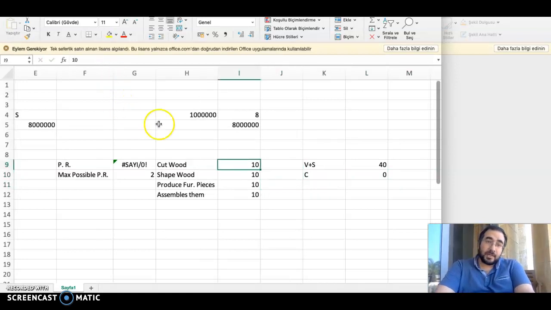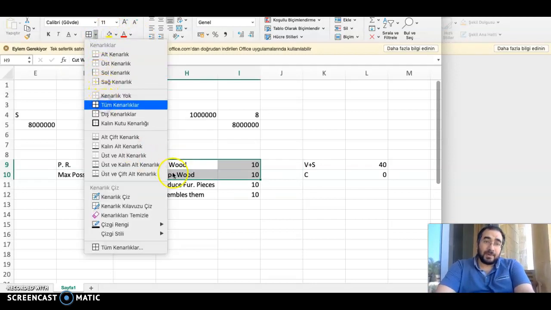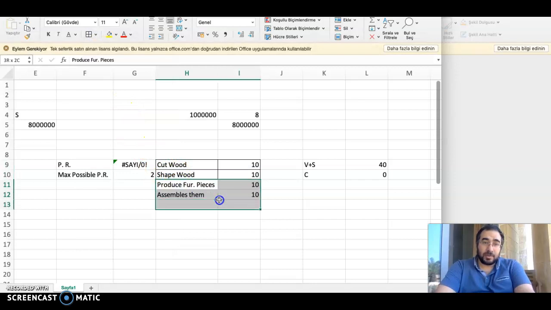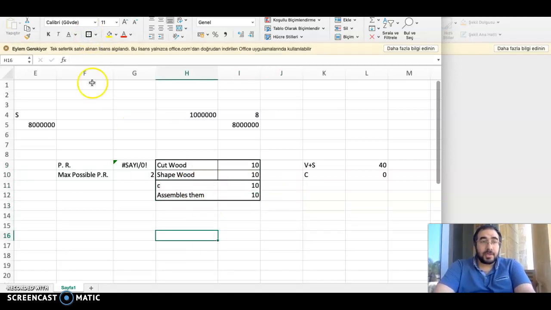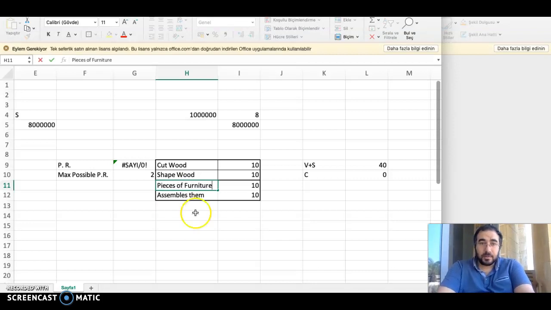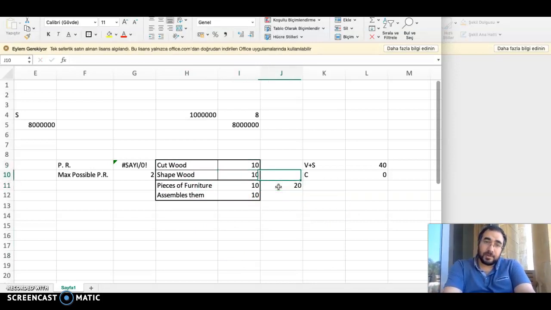What happens if we separate this into two companies? Let's say these other two actions, the pieces of furniture, are now done by a different company. This new company will now buy inputs from the first company, worth an exchange value of 20.